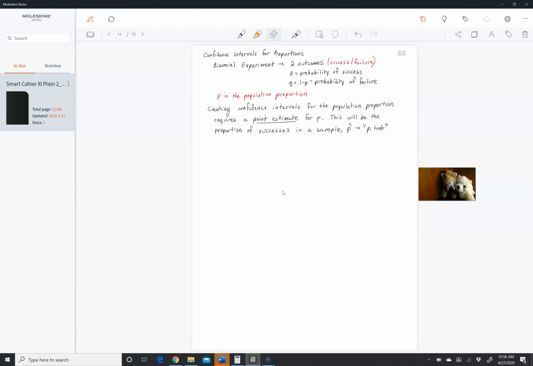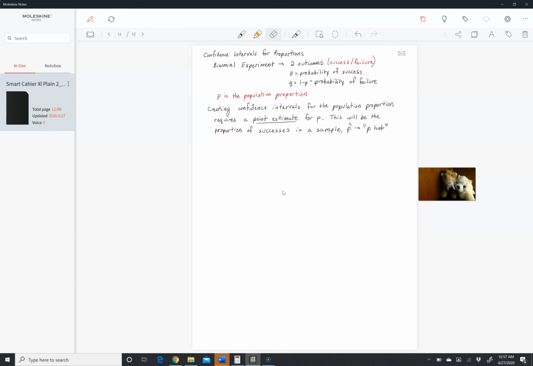But remember what we said about these point estimates. They are almost never the same as the actual number for the population. So the point estimate for the means is almost never the actual mean for the population. And the same thing holds true here. The point estimate for the proportion of successes in the sample, right?